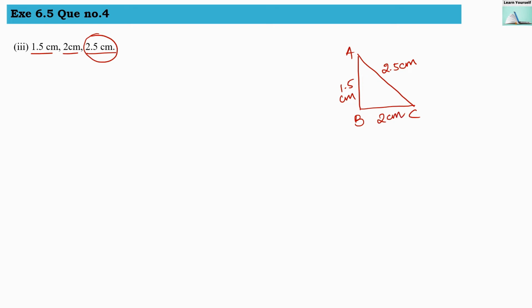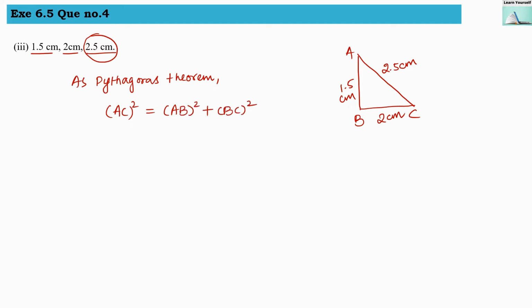The longest side will be the hypotenuse. Now, as per the Pythagoras theorem, we are going to check whether this triangle is right angle or not. For that, AC square will be equal to AB square plus BC square.